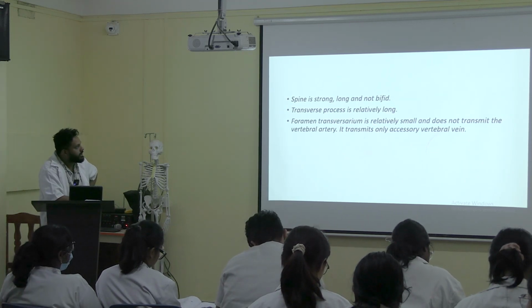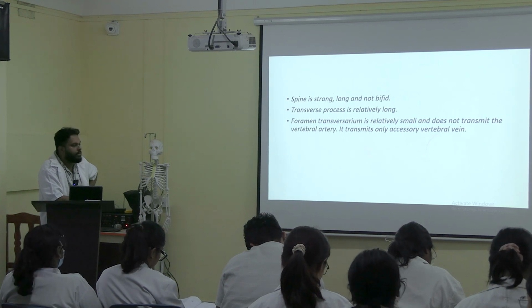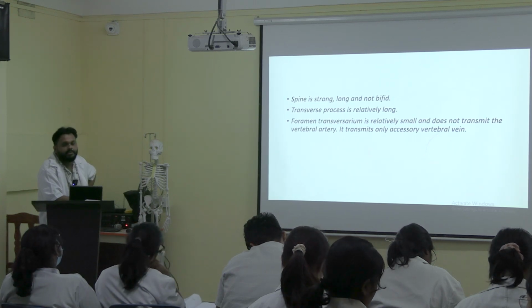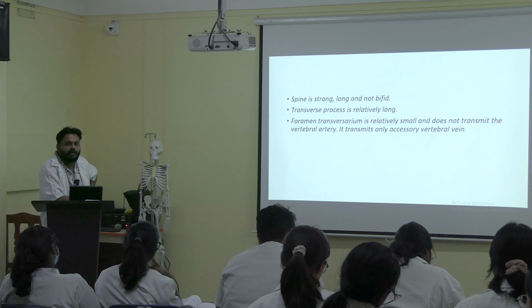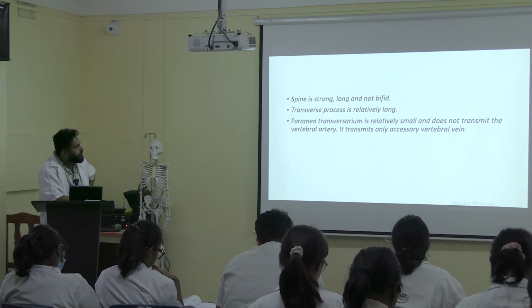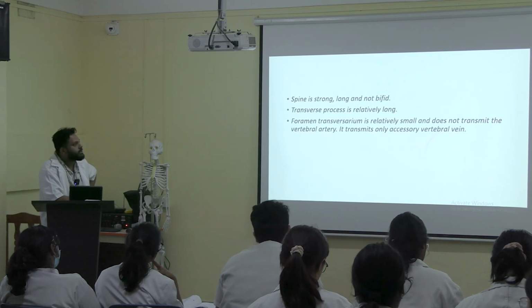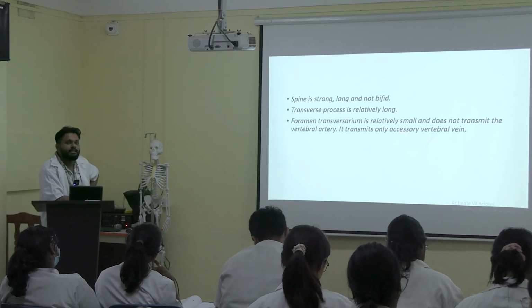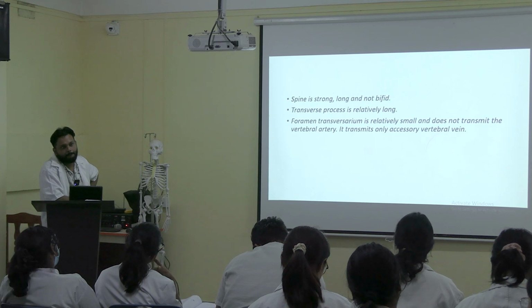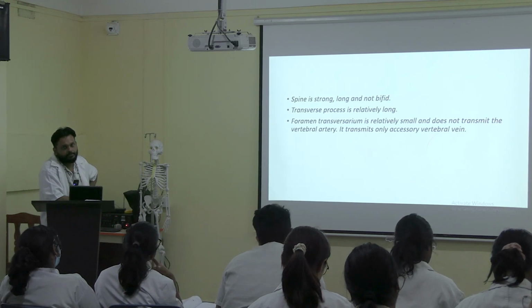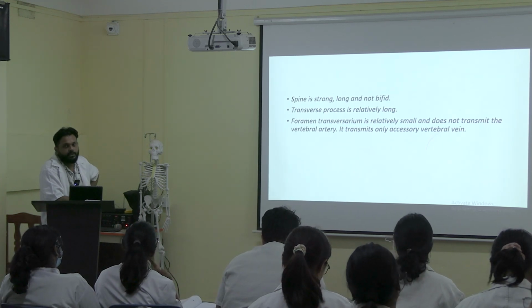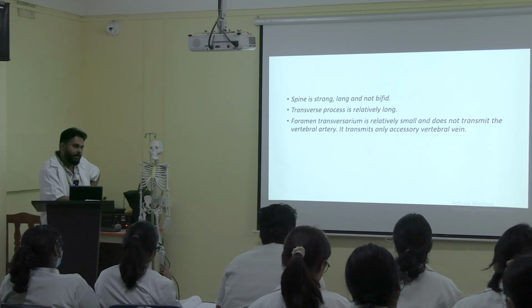The foramen transversarium is relatively small and does not transmit the vertebral artery. It transmits the accessory vertebral vein only. Foramen transversarium से vertebral artery नहीं जाता है. ठीक है? Accessory vertebral vein only.